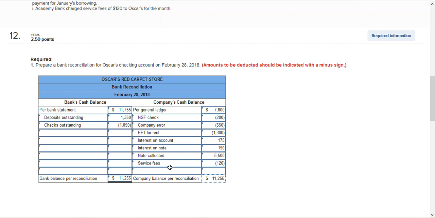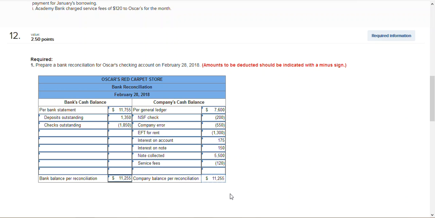The only journal entries we're going to do are over here on this side, and you'll have to do a journal entry for everything that happened because all of this stuff, these are all transactions that the bank recorded that we did not record yet. So because there are actual transactions in our account that we have not yet recorded, we need to, when we finish the bank reconciliation, go ahead and record those, and that'll bring our balance up to what it should be currently.